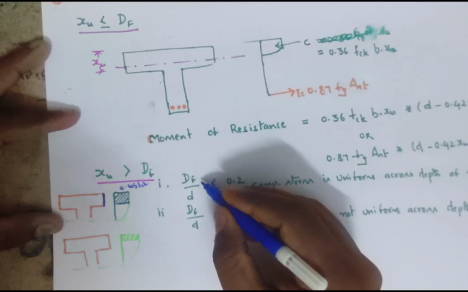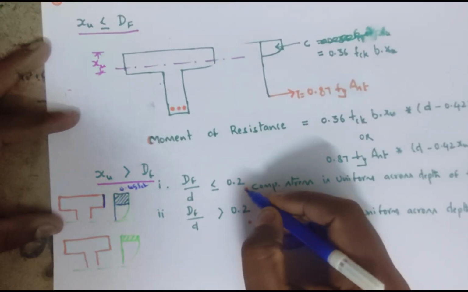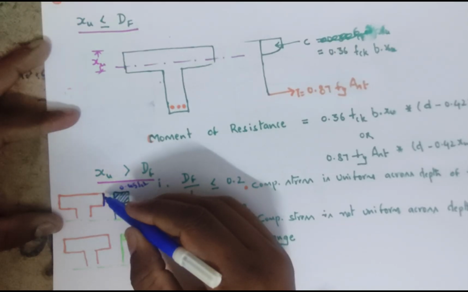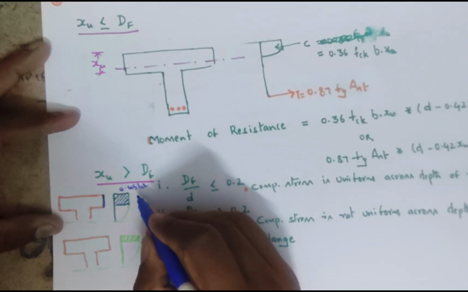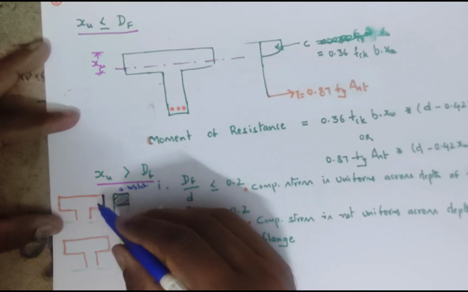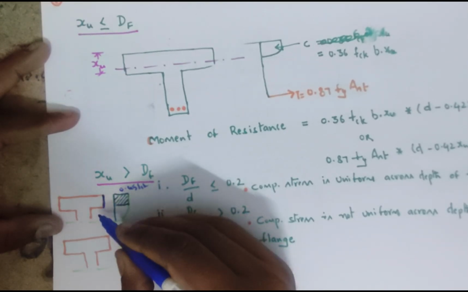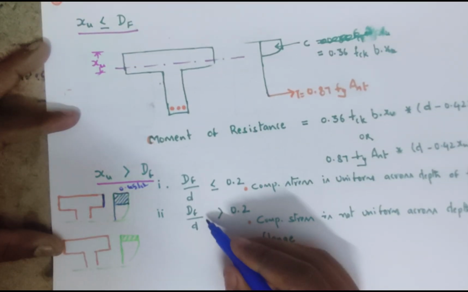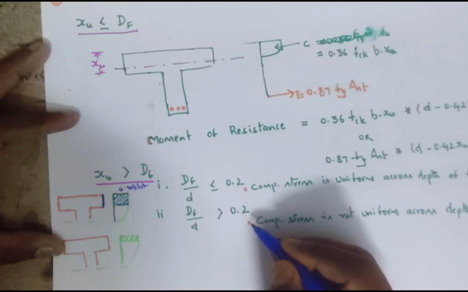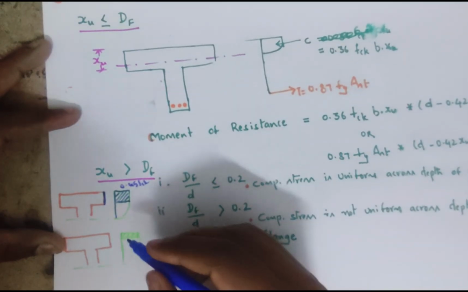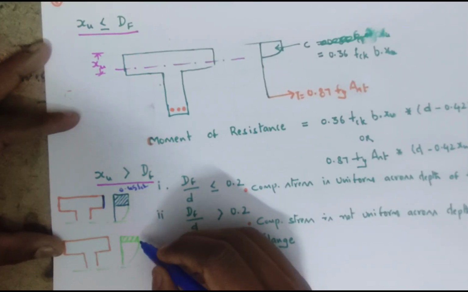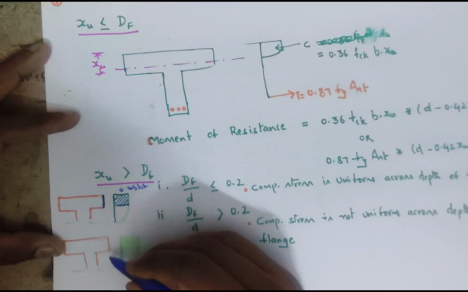If the Df by d value is less than or equal to 0.2, complete depth of the flange is stressed up to 0.45 fck. Means the rectangular portion will be up to the depth of the flange. If the ratio of depth of the flange by effective depth is greater than 0.2, it means that the compressive force is not uniform across the depth of the flange.